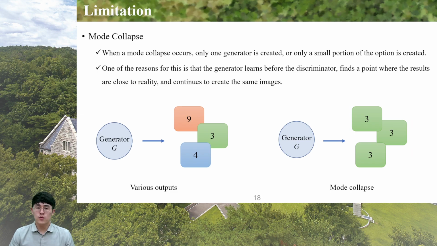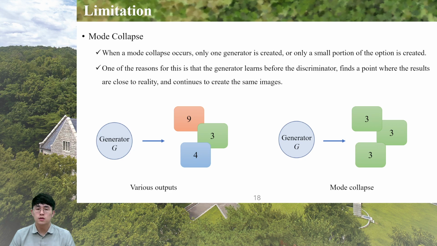One of the reasons for poorly trained outcomes is mode collapse. The generator, which is initially trained through GAN, must produce a variety of results as shown in the left figure.